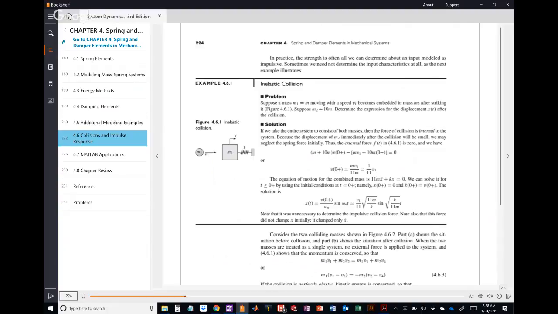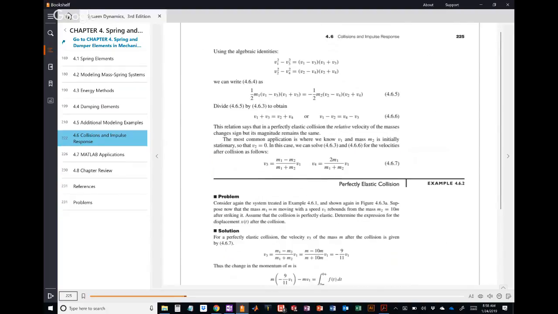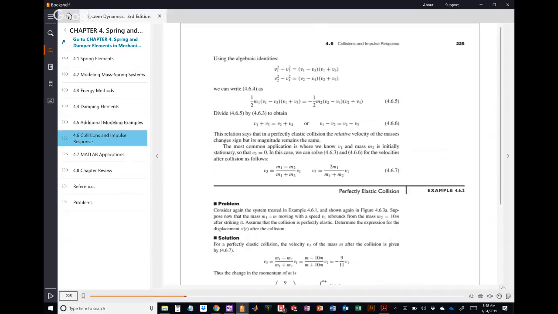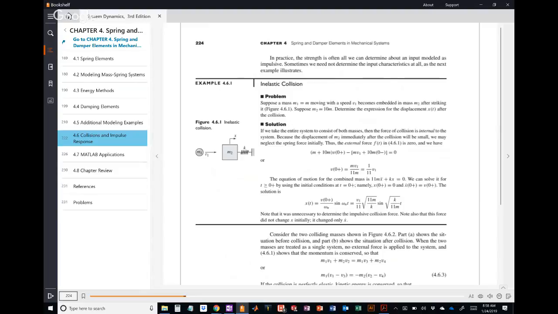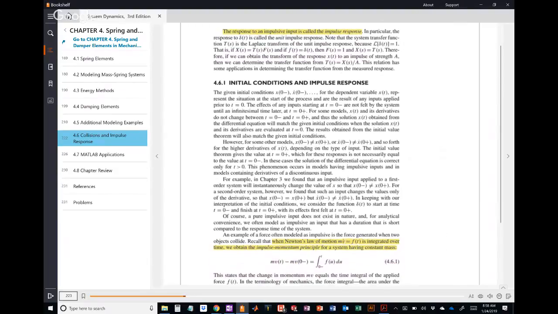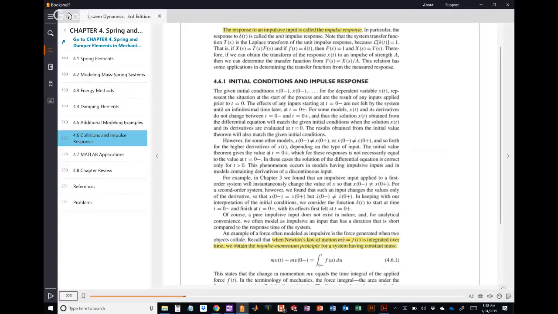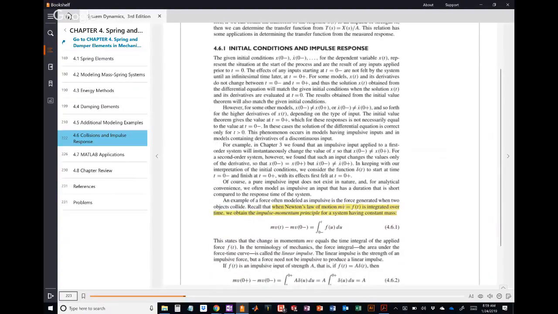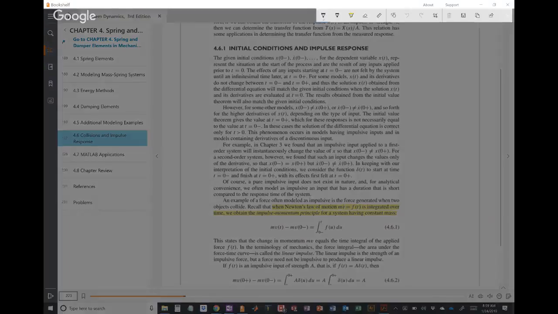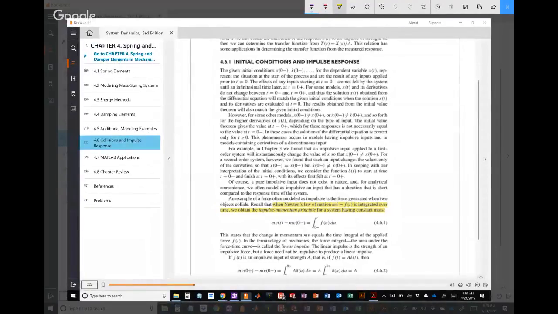The way that they do these problems with the inelastic collision and the elastic collision is useful more than an impulse response section. I would call this the impulse momentum section, or maybe the momentum section, or something like that.